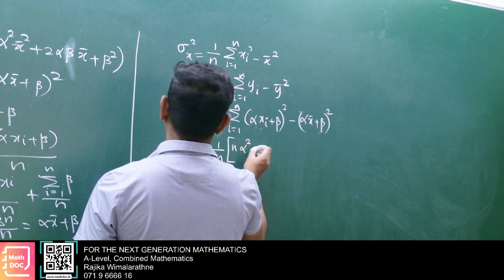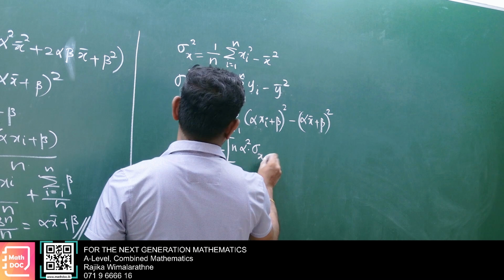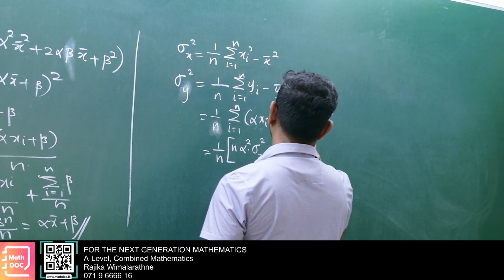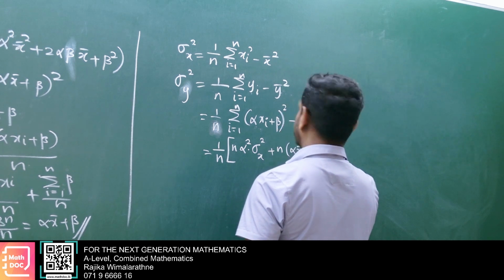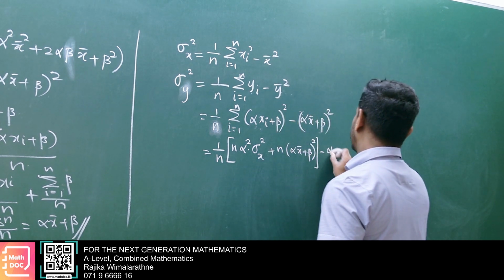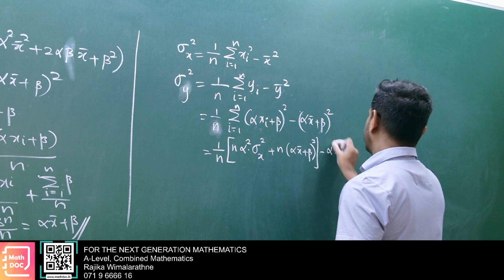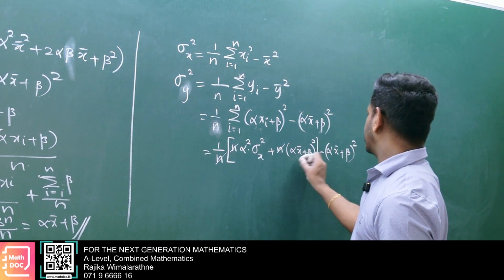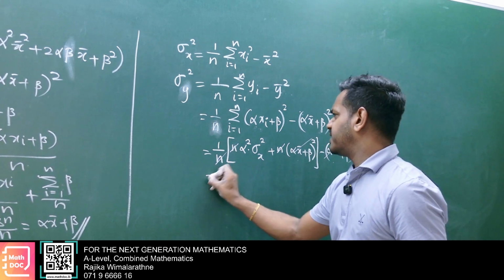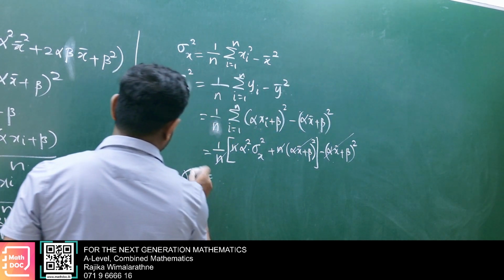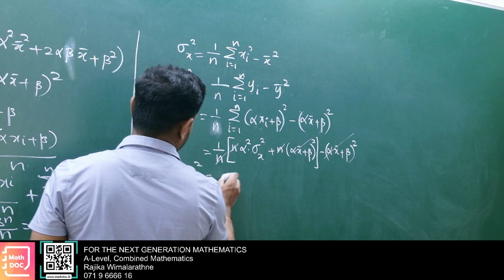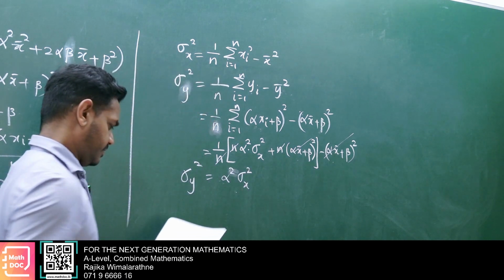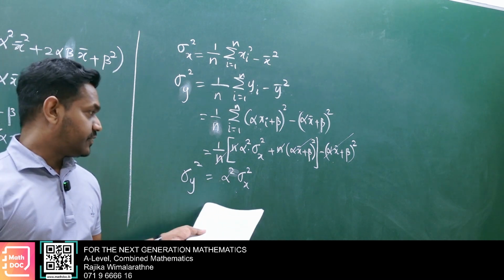Now simplify, cancel n, cancel these two, then we have it here. That's the proof.